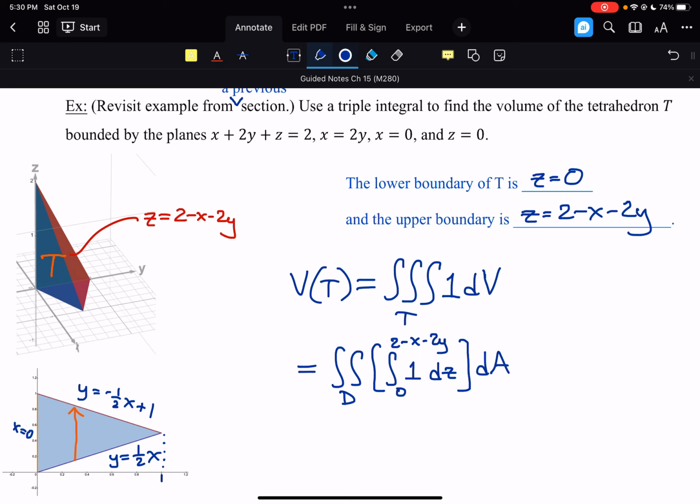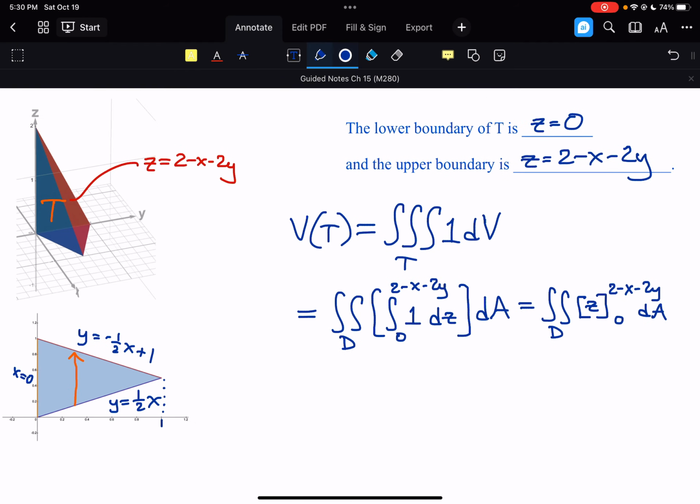And then dA. When we take the antiderivative, we get antiderivative of 1 is just z from 0 to 2 minus x minus 2y dA. So we just get the double integral over D of 2 minus x minus 2y dA.